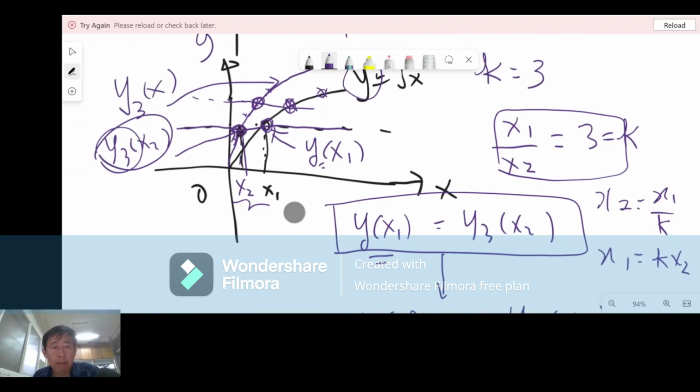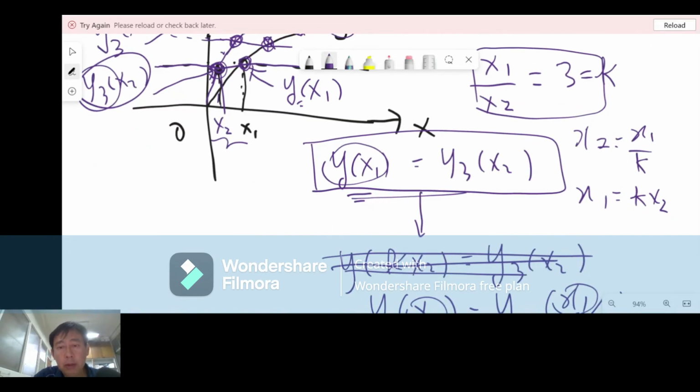Okay, so the compression of the function is derived based on these statements. So let me see if my statement is correct. When I compress it horizontally, the value of the function y at x1 should equal the value of the function y3 at x2. So that is a correct statement.